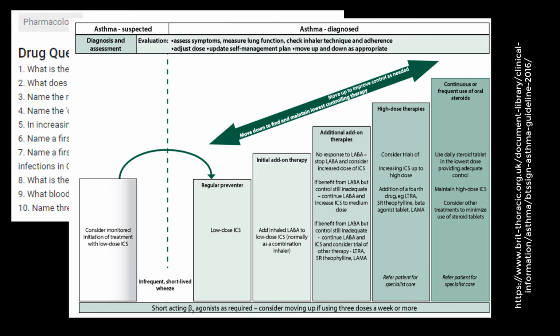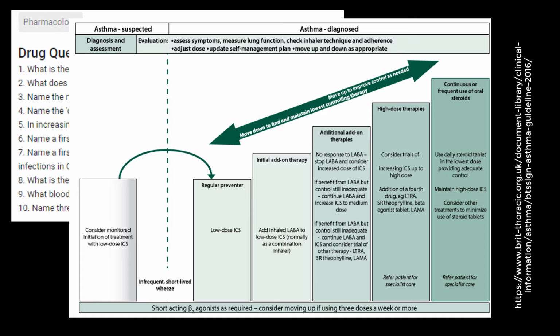Once you've diagnosed the asthma, you add a regular preventer inhaler, such as the low dose inhaled corticosteroid, as we've already said, and then you should have short-acting beta-2 agonists as required throughout the stepwise progression. Here you see that band at the bottom of the diagram saying short-acting beta-2 agonist as required. So you should always have that.